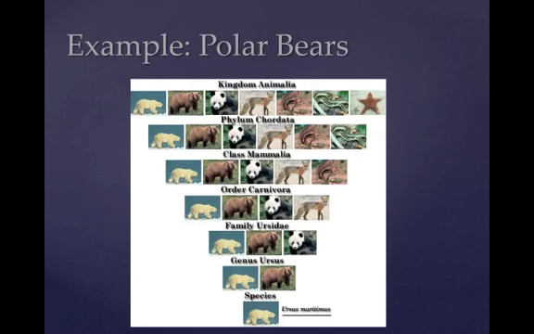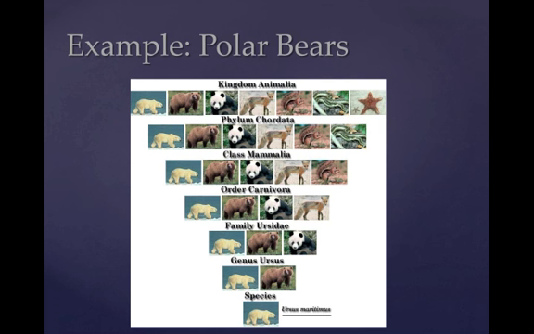If we look, for example, at polar bears, we see polar bears are in the kingdom Animalia, but they're also in the same kingdom as snakes and starfish and foxes and squirrels, who are nothing like them at all. But because they are in the same kingdom, on the very broadest level there are similarities.